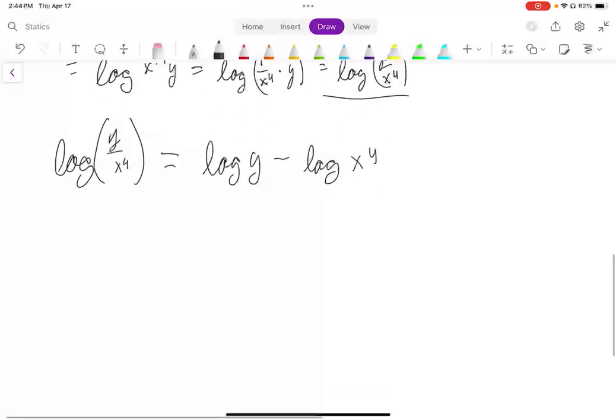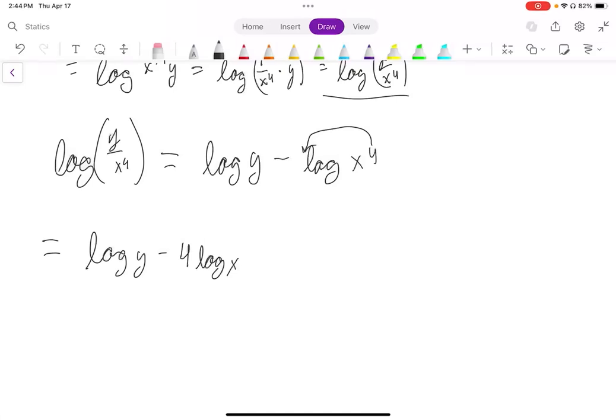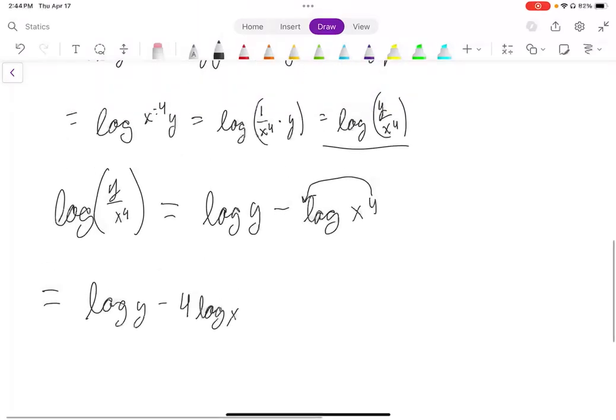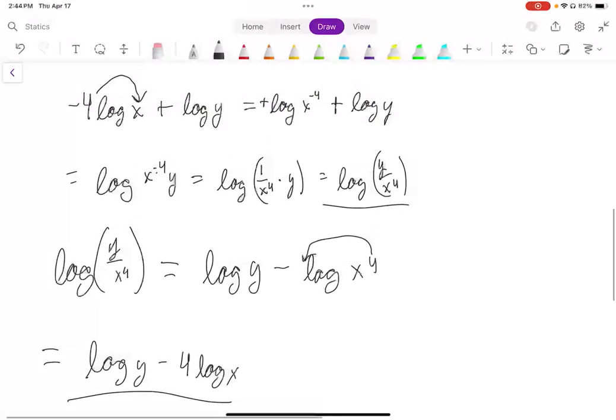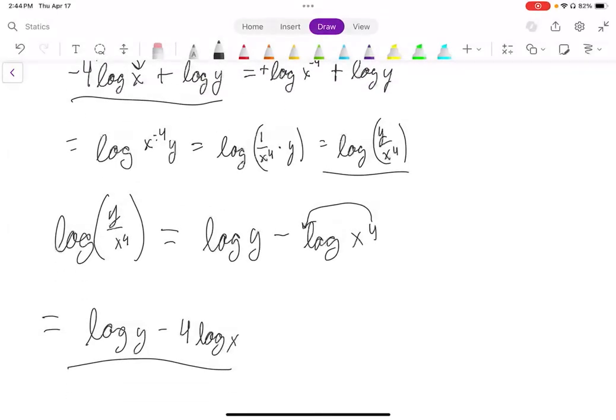If I keep going, I'm going to have log y minus 4 log x, since I brought this exponent to the front of the log expression. And if you notice, this is what we started with. However, I wrote it in a different order just to kind of keep you on your toes, because as we know the addition and subtraction properties are commutative, so we can change their order around.